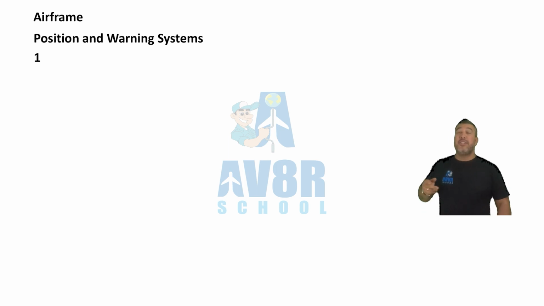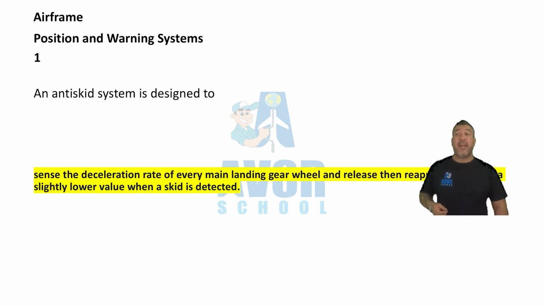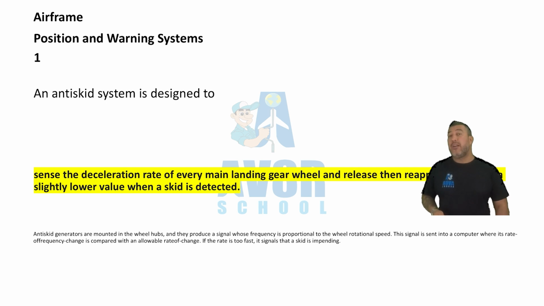Position and warnings question number 1. Sense the deceleration rate of every main landing gear wheel and release, then reapply pressure at a slightly lower value when a skid is detected.